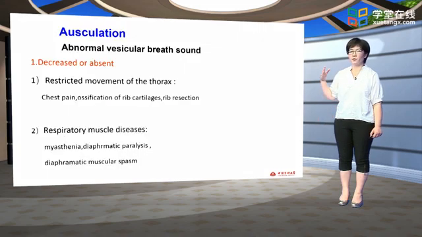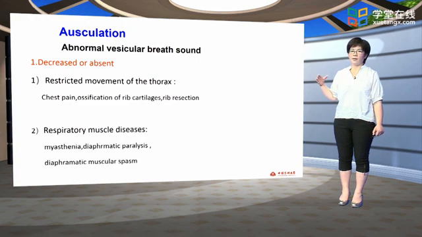For the next part, we will learn the reasons for the abnormal vascular breath sound. The first one is decreased or absent. There are many reasons why we don't hear the lung sound, or the lung sound is decreased. The first one is restricted movement of the thorax, like if the patient has fractures and chest pain, they cannot breathe.